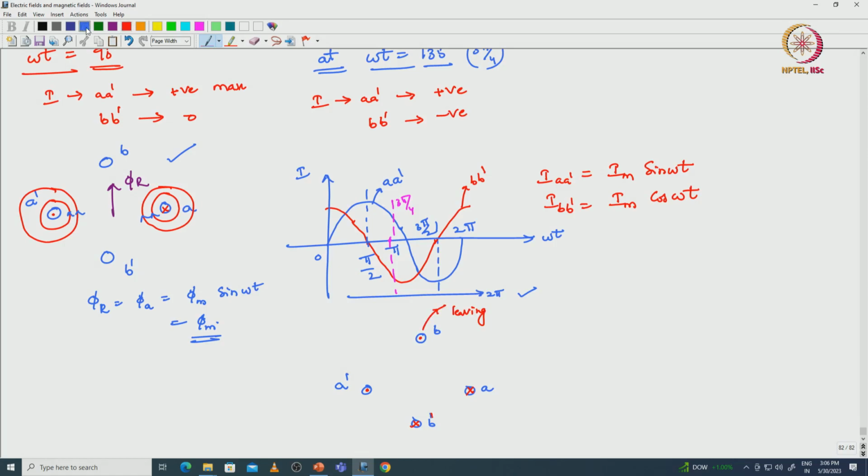Apply a thumb rule, then the flux loops will form in this manner. For dot it is anti-clockwise, for cross it is clockwise. Similarly for coil B also, then the direction will be in this manner.